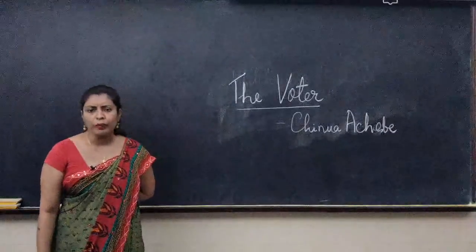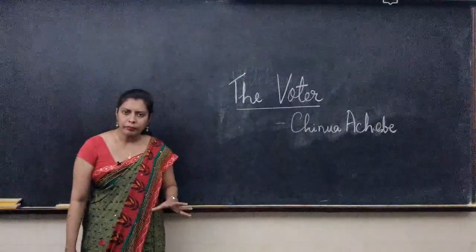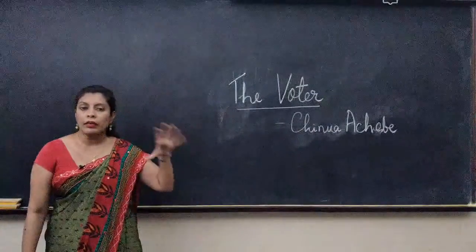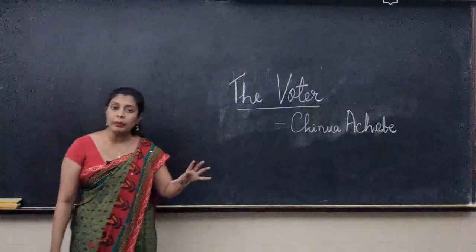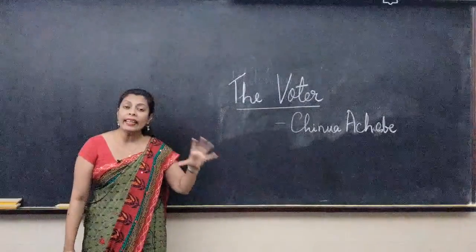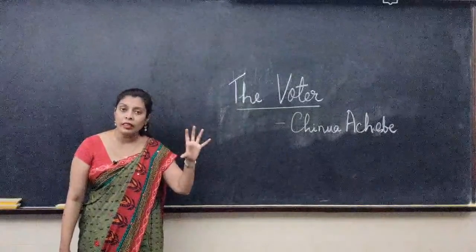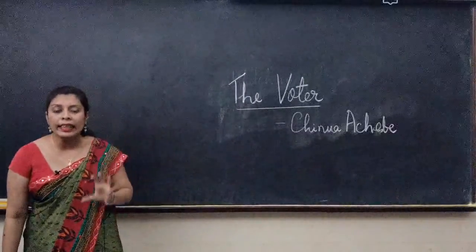We all know that a democratic government in a democratic setup is a setup which is formed by the people. They vote their representatives, the leaders.